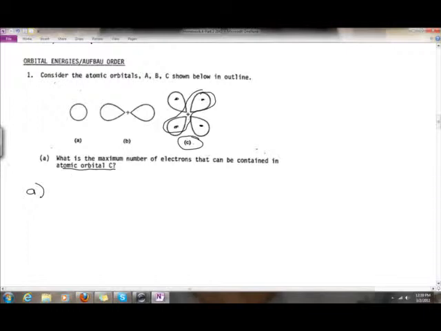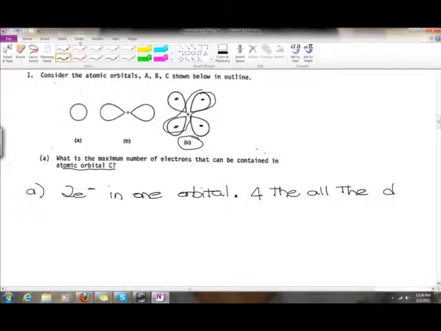So if we take into account this one too, it would be 4. So 2 electrons in 1 orbital, and it would be 4 for the whole figure.